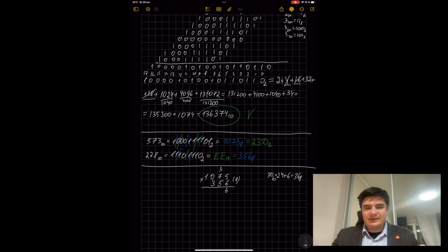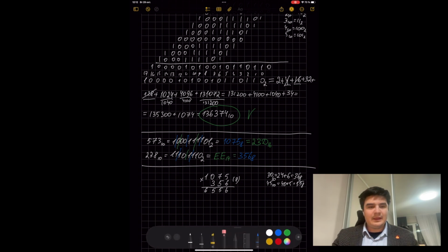Next, 7 multiplied by 6 plus the 3 carried over gives 45, which converts to 55 in octal. 45 equals 5 times 8 plus 5. So we write 5 and carry over 5. Then 0 multiplied by 6 plus 5 gives 5. And finally, 1 multiplied by 6 results in 6.